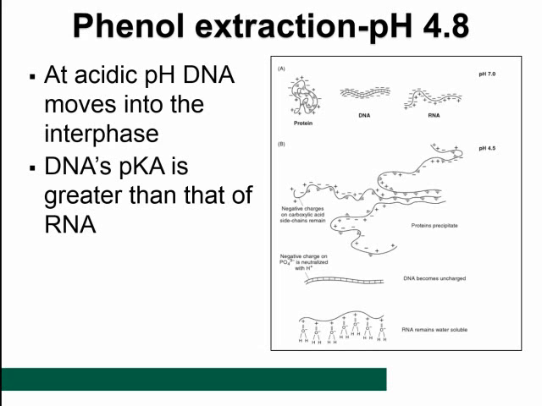So you're going to neutralize the charges on the DNA first before you get to neutralizing the charges on the RNA. Once you neutralize the charges on the DNA, that DNA falls out of solution and goes to the interface. This is one thing to keep in mind in case you want to separate the DNA from the RNA.